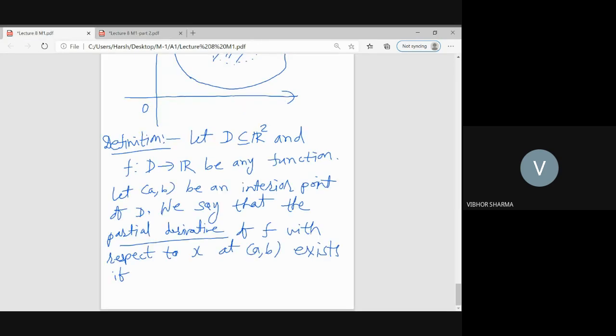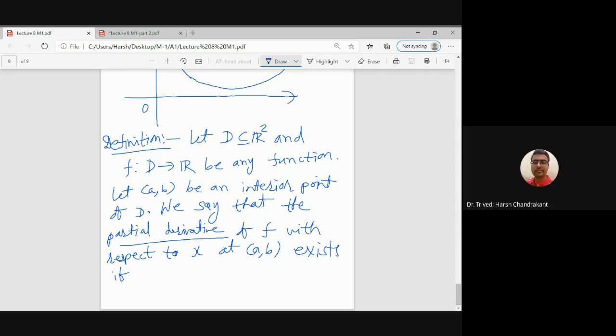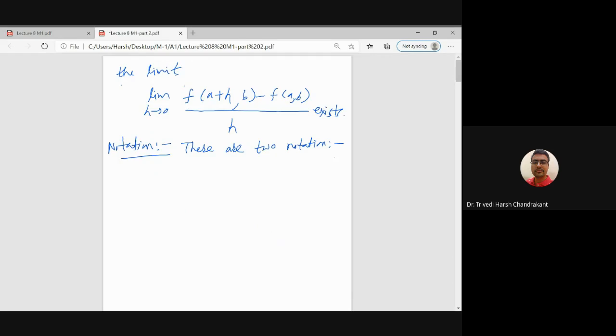So that is a previous slide basically. So we are saying that the function f has a partial derivative with respect to x at point a comma b if this limit exists. So limit is what? Let me write that again.